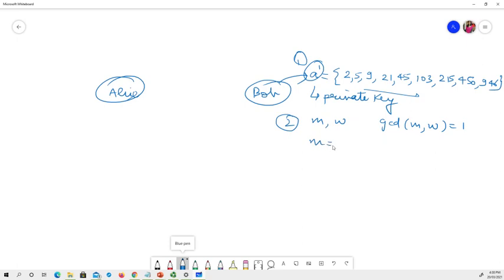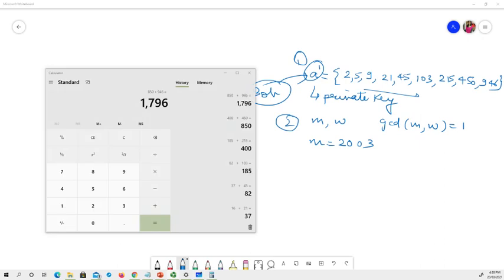So let us suppose I choose m as 2003. The summation of all of these numbers should be less than m. If I add all of them, I get 1796.